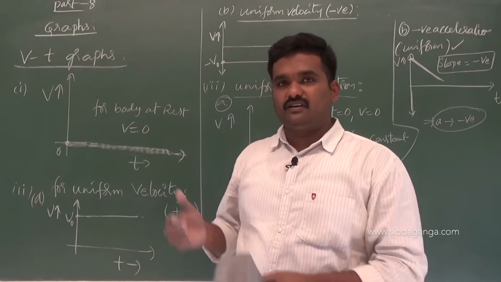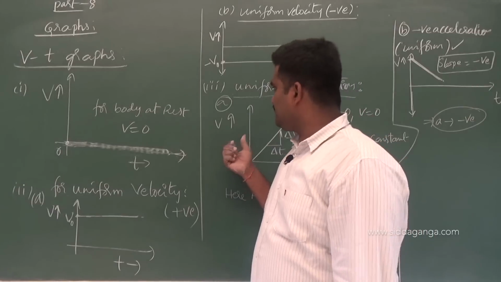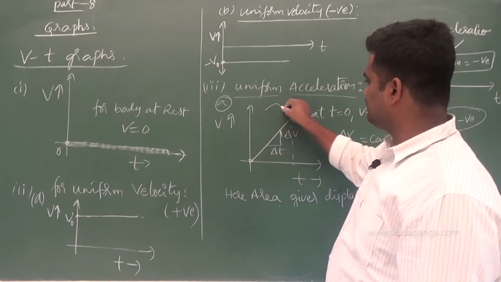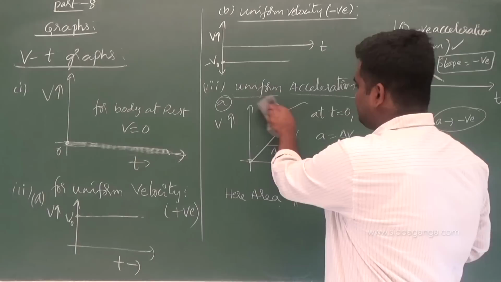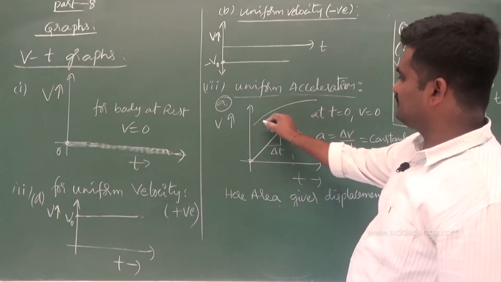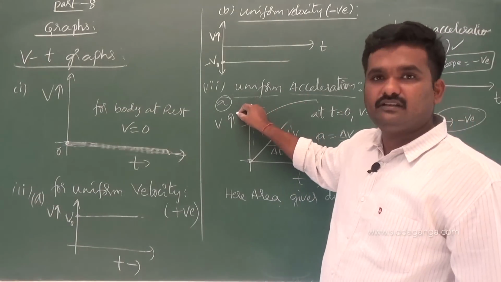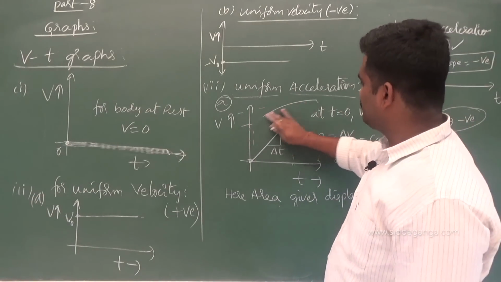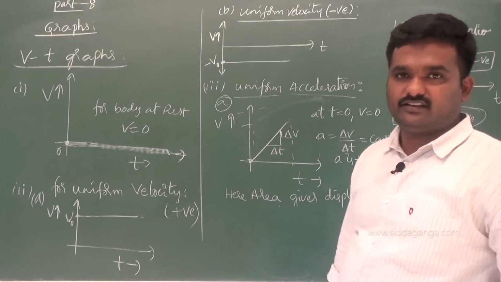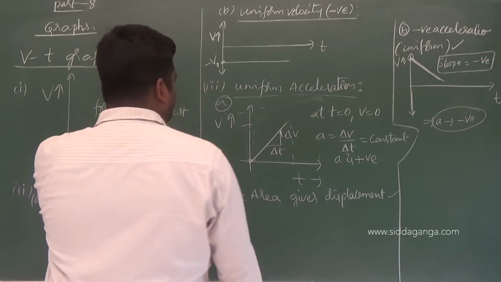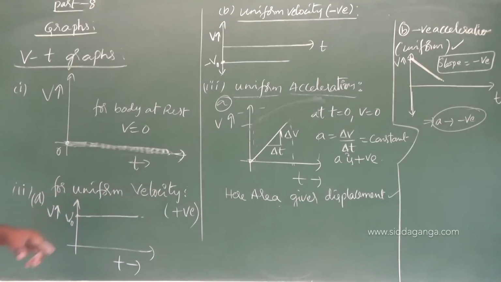For the acceleration time graph, how will the curve be? Non-uniform acceleration means it's not a straight line. It is going to be some other form. Just a graph you can draw like this. See, at this point velocity is one value, at this point velocity is some other value. Then you can say this is moving with non-uniform acceleration. So this is all about the velocity time graphs you have to remember.